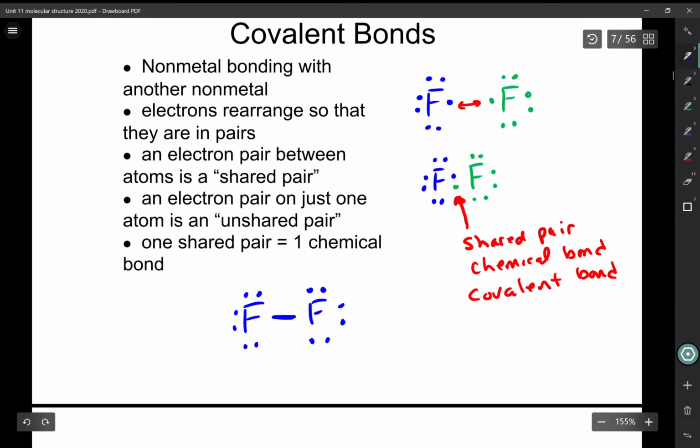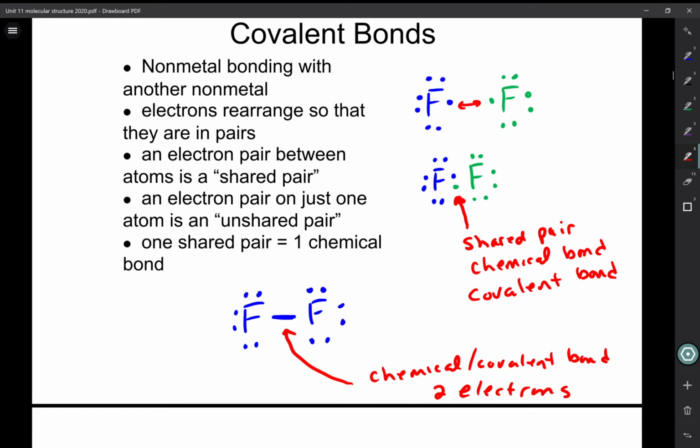So anytime you have that line, that is your chemical, your covalent bond. And that represents 2 electrons. So every time you see a line like that, that is one shared pair of electrons, aka 2 electrons.